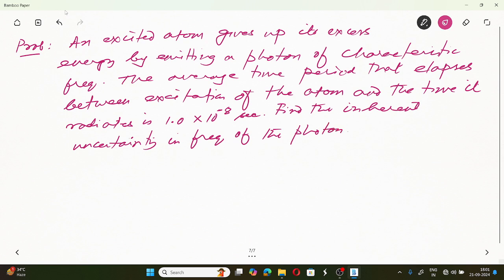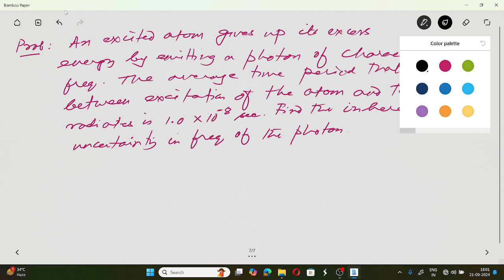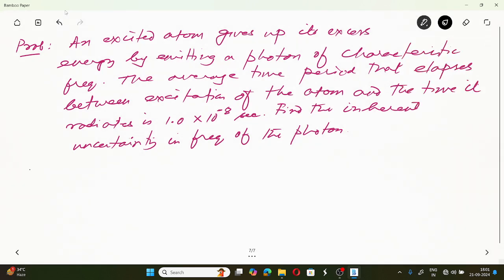So please try to understand the question properly. Please read through the question. An excited atom gives up its excess energy. What does it mean? Excited atom means if this is the ground state, this is the excited state.